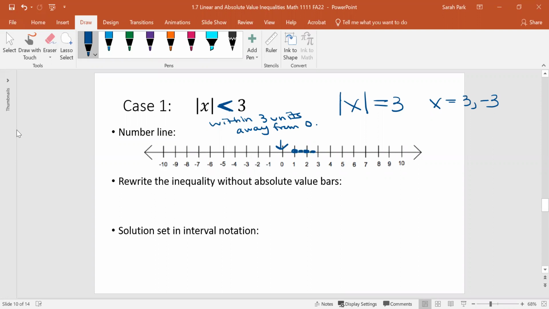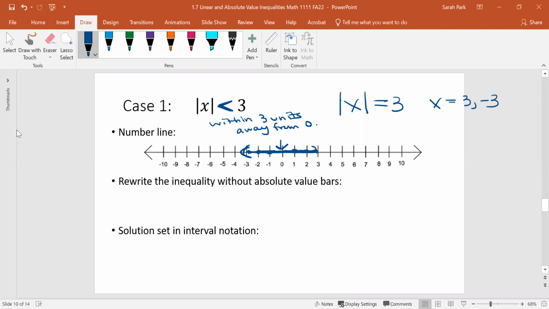Not 3, because it's strictly less than, so we don't want to include 3, but any number up to 3, like 2.9, is within 3 units away from 0. 0.5, 0.1. If you go on the left-hand side, we could have negative 1, negative 2, or negative 2.9. So if we shade all these numbers in, you can see all of these numbers are within 3 units away from 0, but not including negative 3.